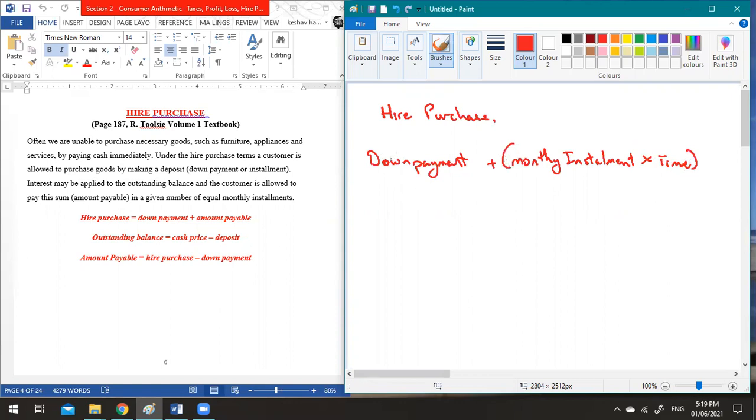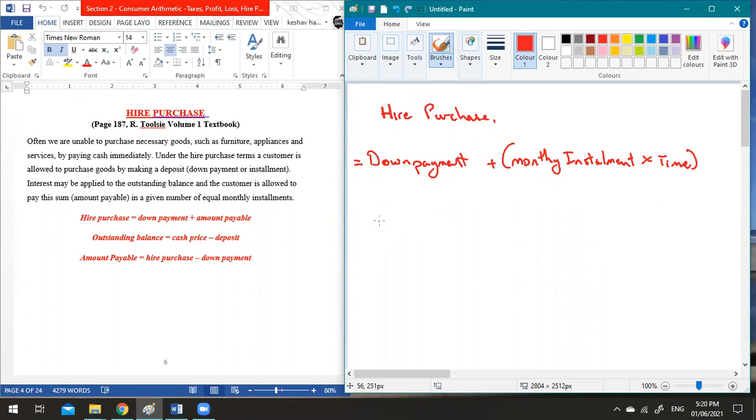So this formula here is the hire purchase formula, right? So you always find what your down payment is, then your monthly installments multiplied by how much time it is, or it could be just the installments multiplied by the time, right?